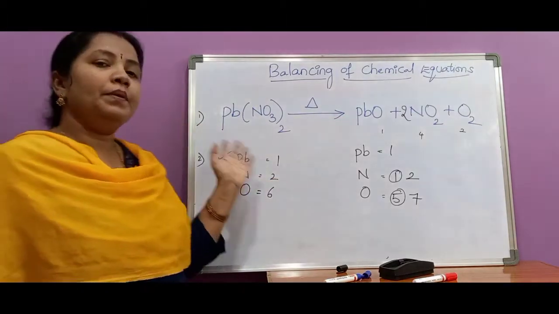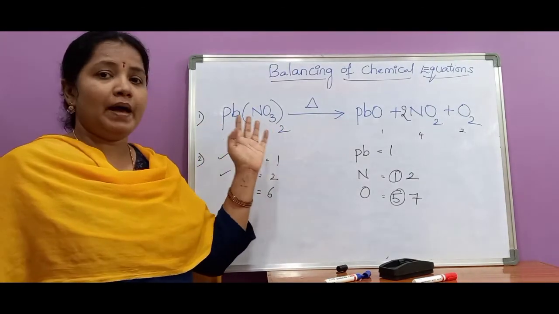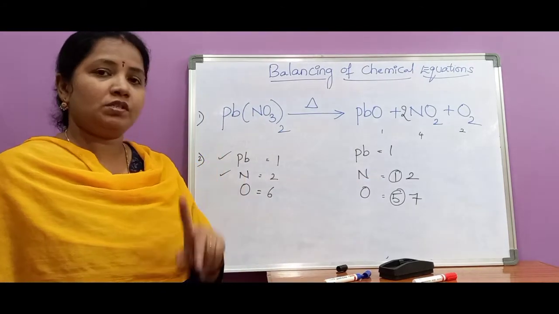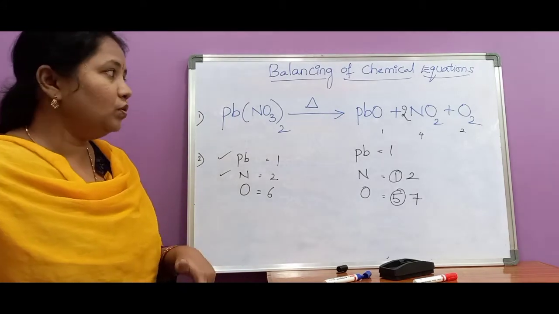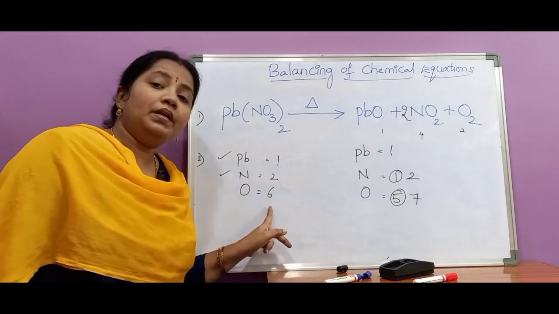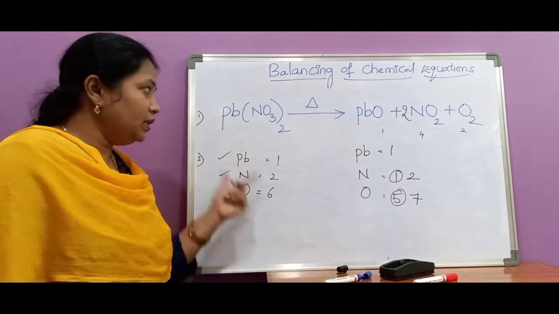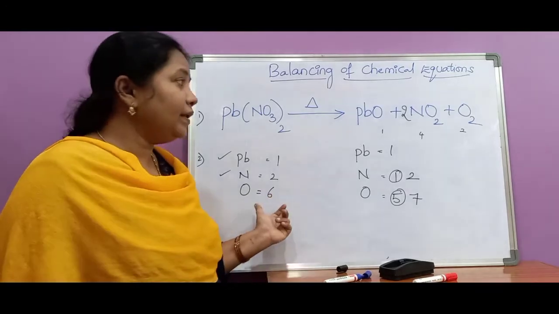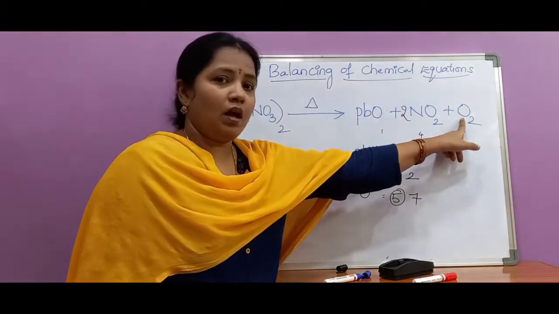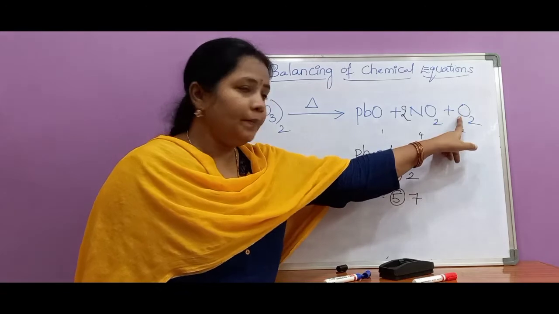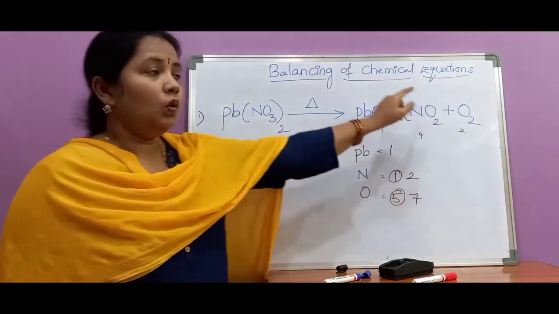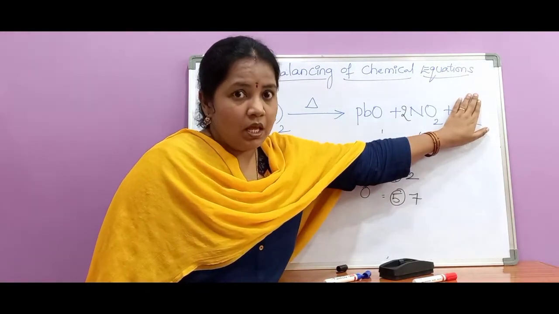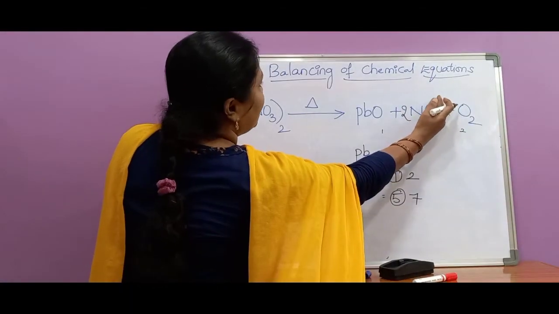If in any chemical equation all other elements are balanced on both sides except one element which is not balanced, then here oxygen is not balanced, and this is the elemental form of oxygen. Leaving this elemental form of that element which is not balanced, the whole equation should be multiplied by 2.